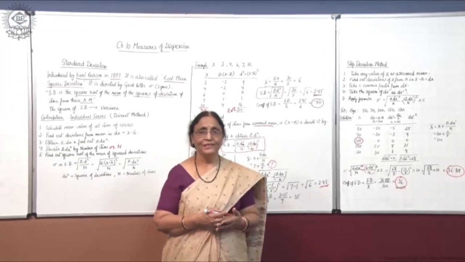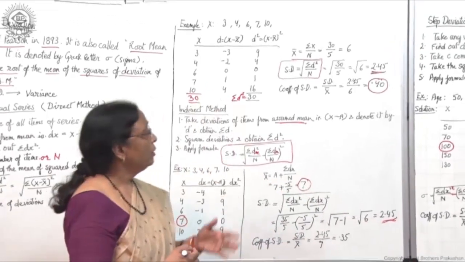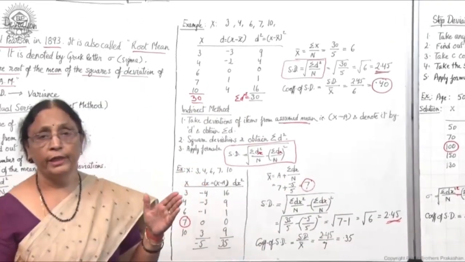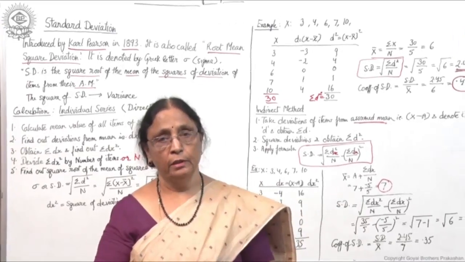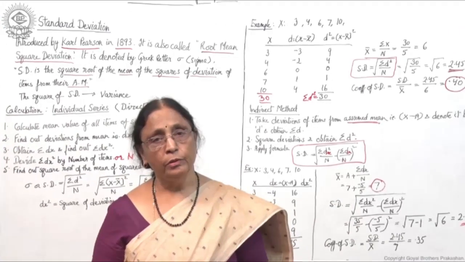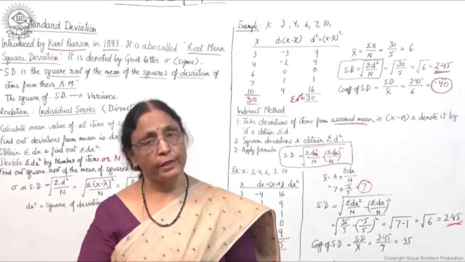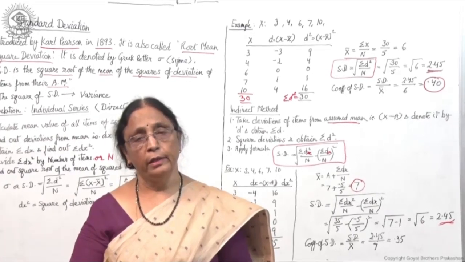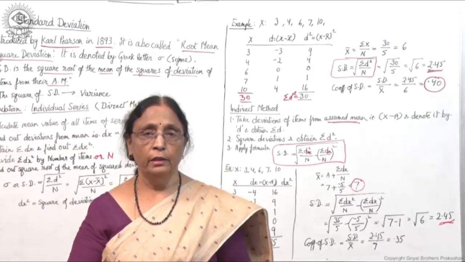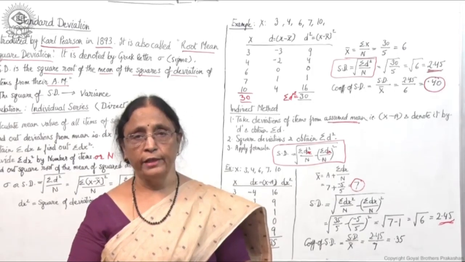So I think it is interesting for you, and till now you have done one part of standard deviation, that is calculation of standard deviation in individual series. Next we will proceed to the rest of the two series. Till then practice these sums, learn the method, learn the steps and enjoy working over the standard deviation.